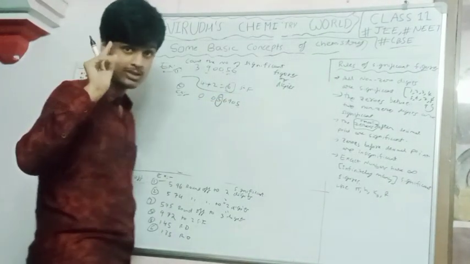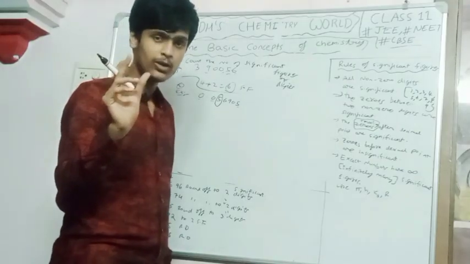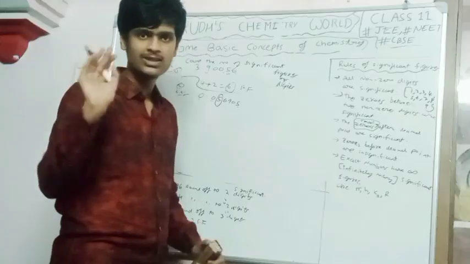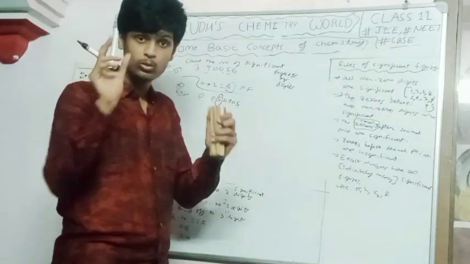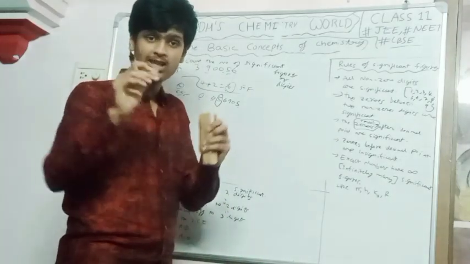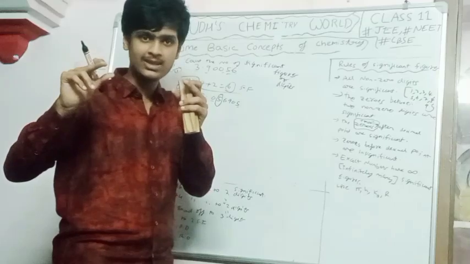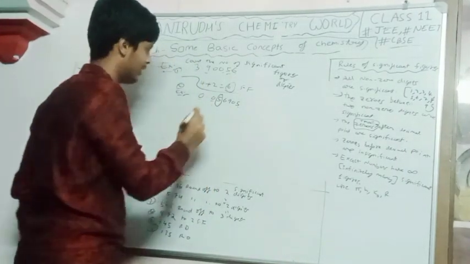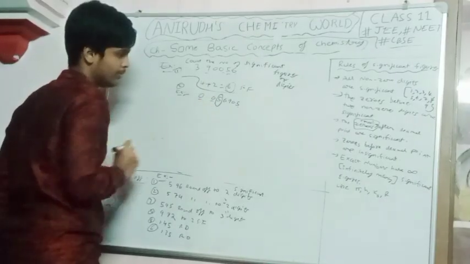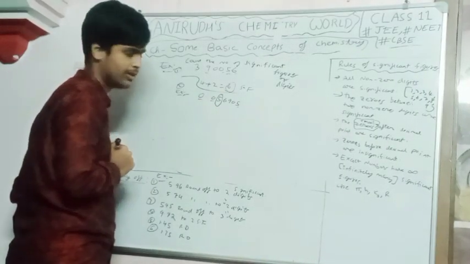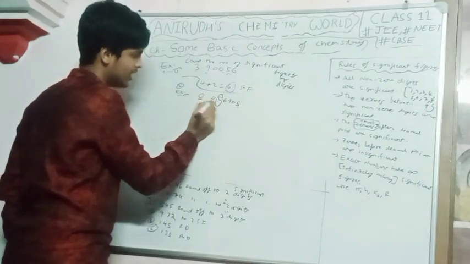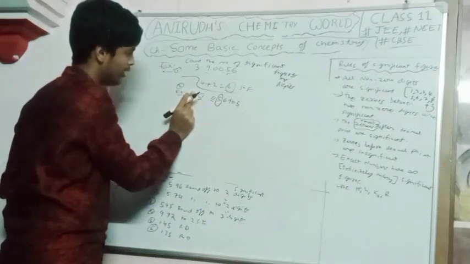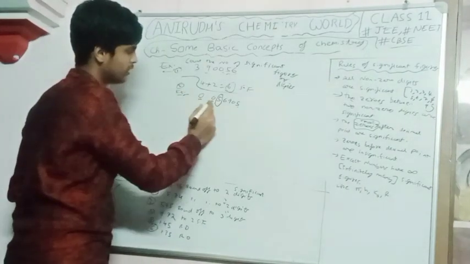Zeros will be significant if and only if they are between two non-zero digits. Unless they are between non-zero digits, they are insignificant. Here the zeros are there before the first significant digit. These two zeros are not significant because there's no number before this. So these are not significant.